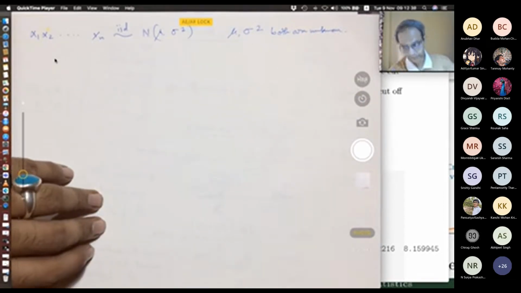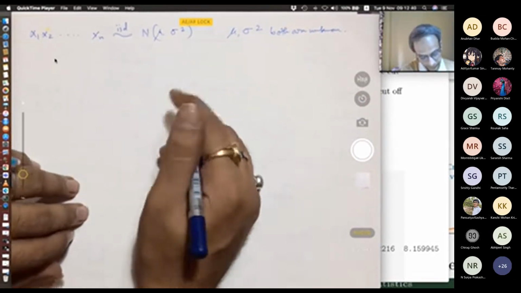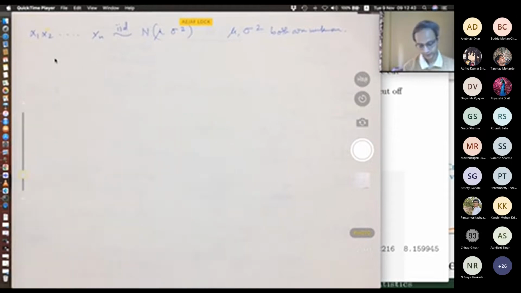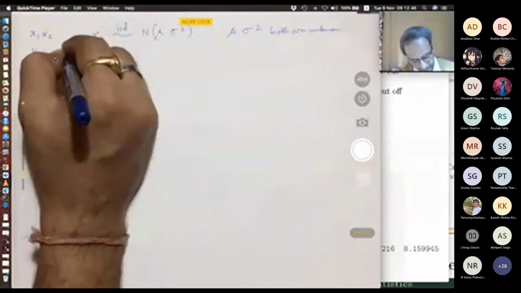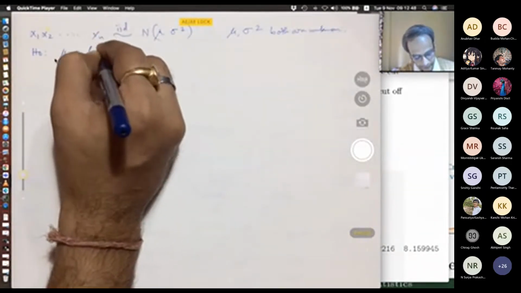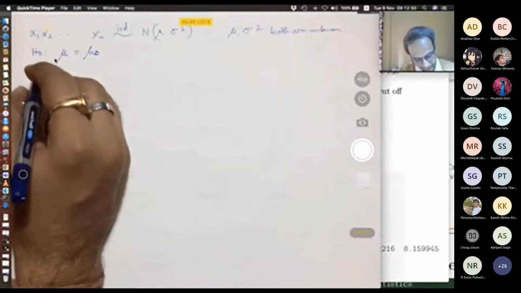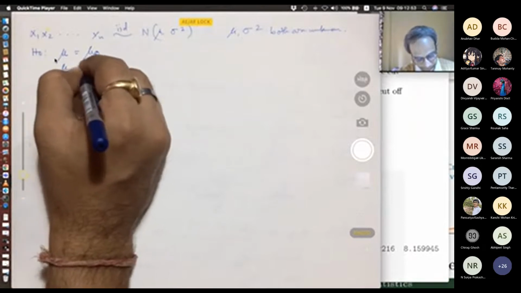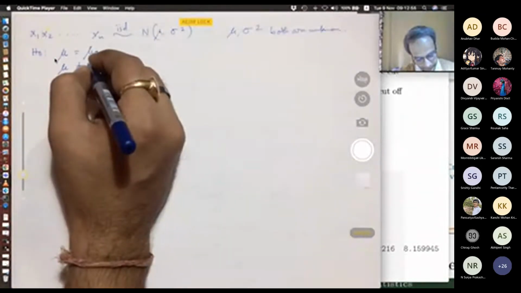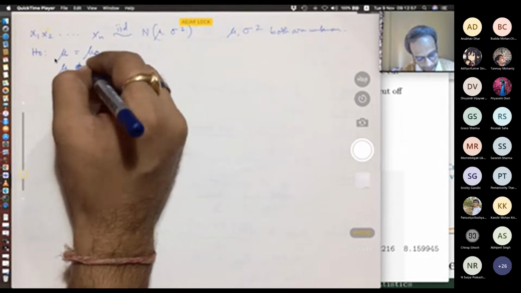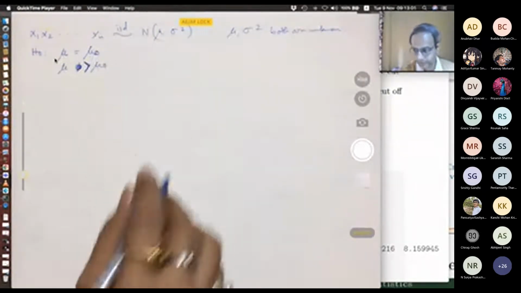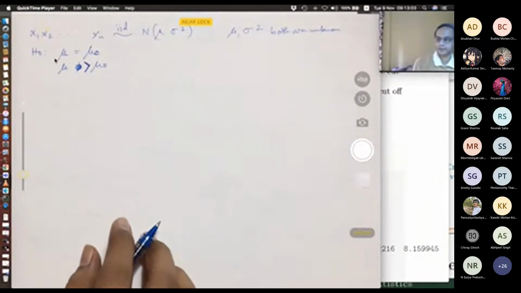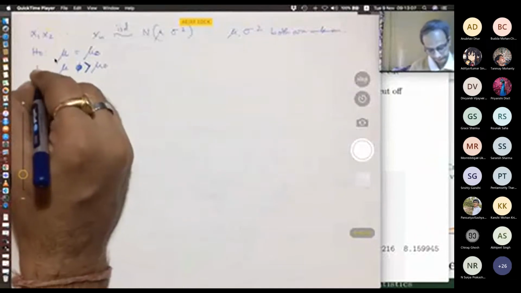Now what you need to do: step one, first specify the null hypothesis H naught, say mu equals to mu naught. It can be any number given. I am going the similar way, or maybe mu greater than mu naught as the alternative H1.